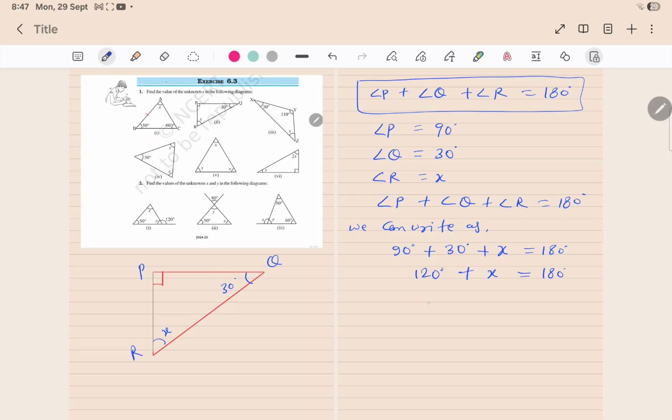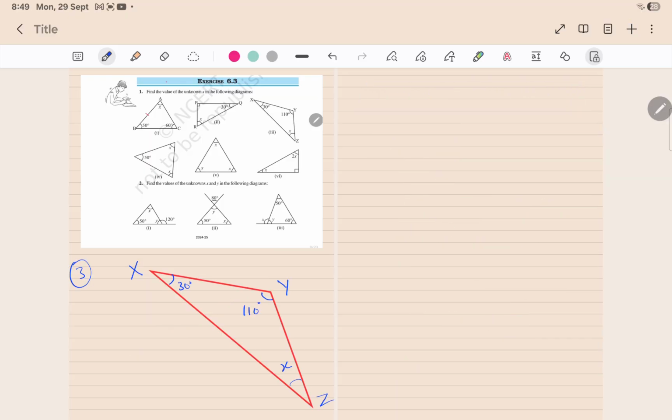So x equals 180 minus 120 degrees, x equals 60 degrees. So this is our second question answer. Let's solve the third question.